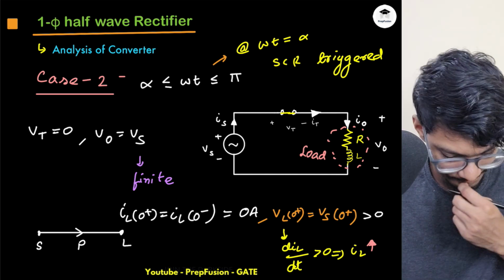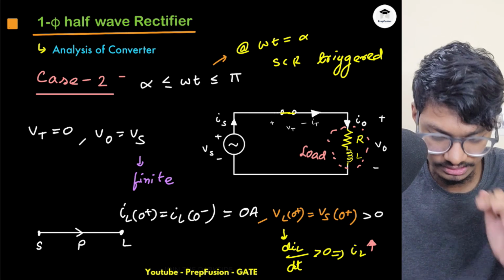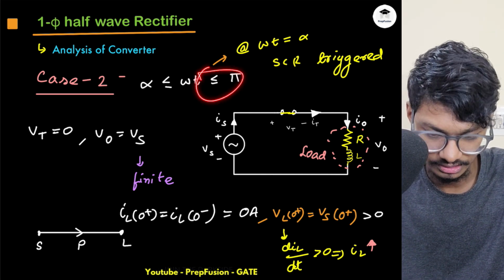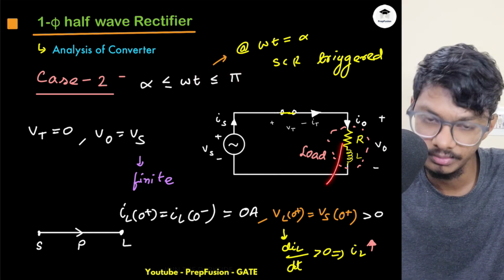So here, this is what I can say: power is flowing from alpha to at least pi, because after pi what is happening? After pi what is happening? This will basically close, right?